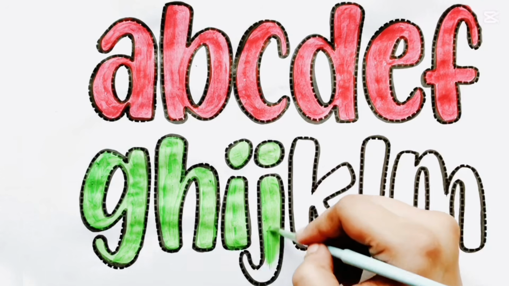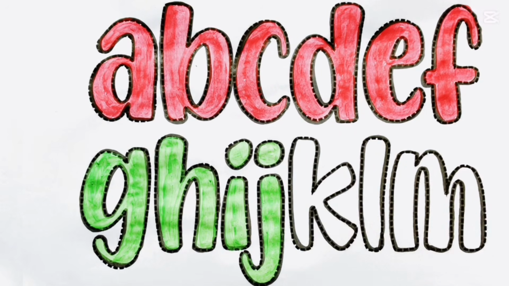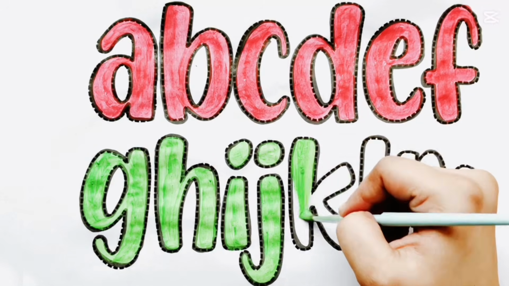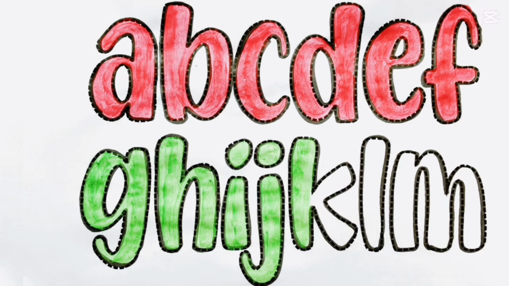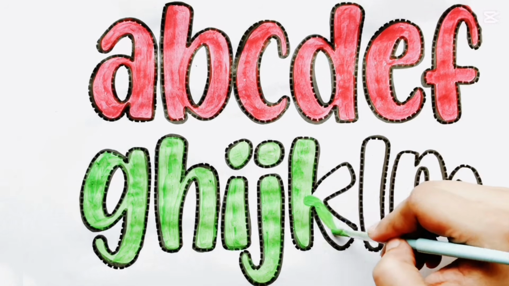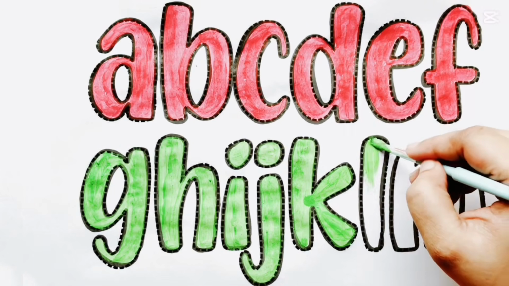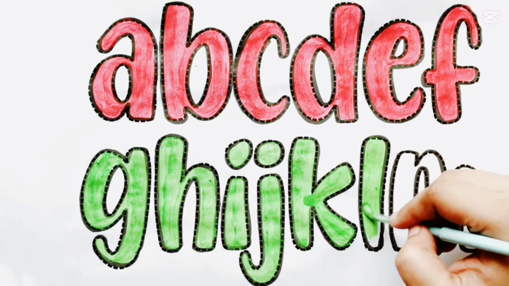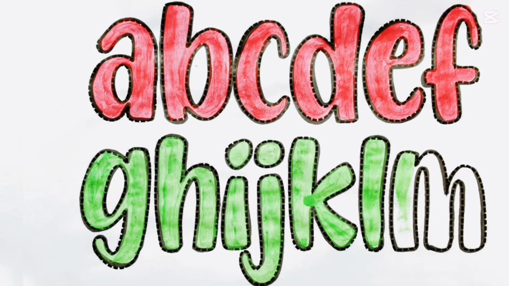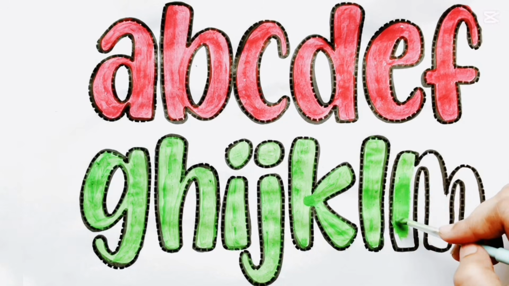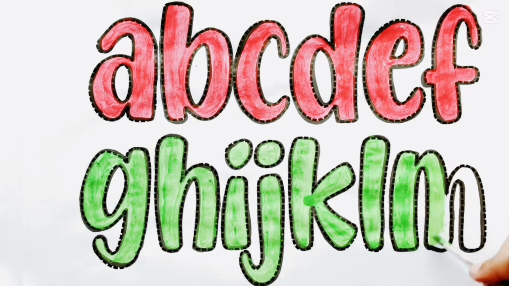J for jelly. K for king. L for lemon. M for mouse.